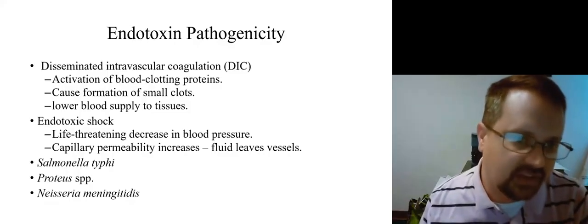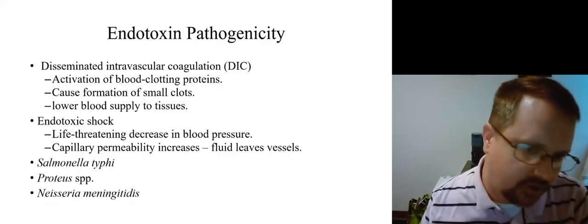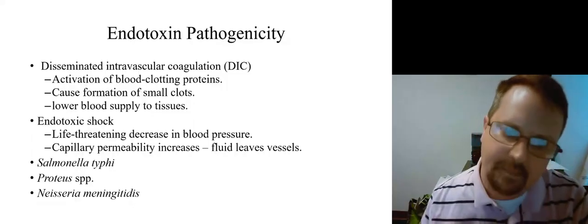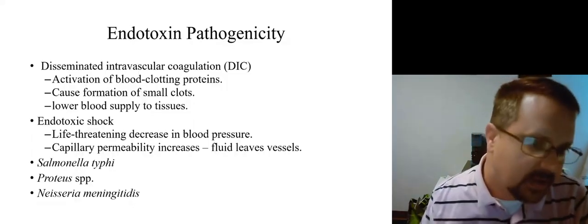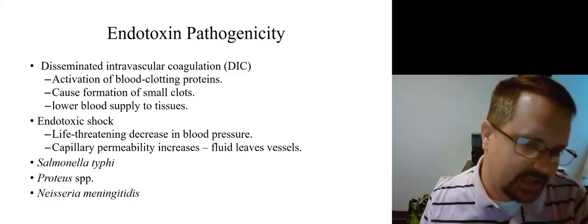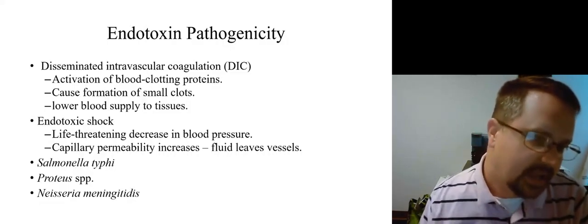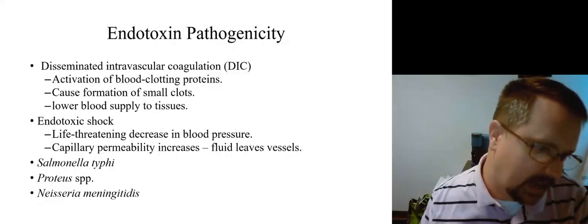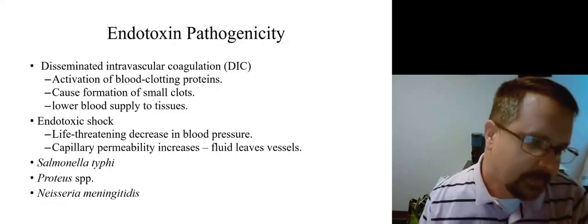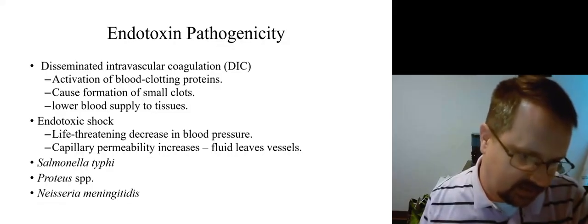Endotoxic shock, this is life-threatening, decrease in blood pressure, capillary permeability happens, our fluid leaves our blood vessels. This is what Salmonella typhi does, really bad. This is what Proteus species do, and Neisseria meningitidis does.